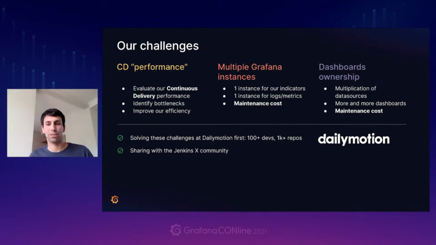So that's the last challenge. So everything we did, we did it first inside Dailymotion, and we also shared everything we did with the JenkinsX community. So everything is open source because it's based on JenkinsX, so we are sharing back to the community.